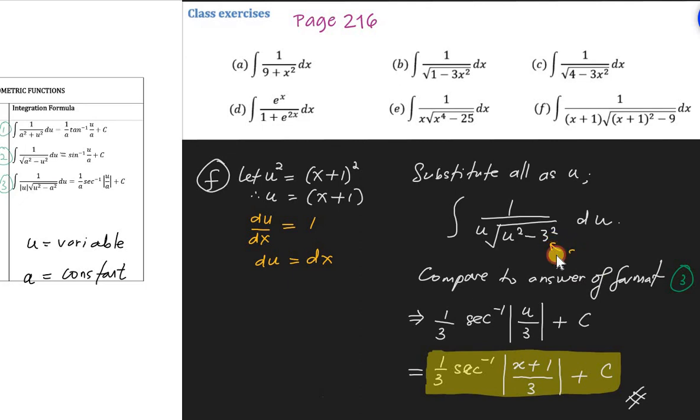Over here the a is 3. So as we compare, 1 over a, which is 3, inverse secant, u over 3, plus c. Replace back your u in terms of x. So that will be your final answer. And we can only apply this formula if we can get into this format. If we cannot get into this format, then we cannot use the answer.